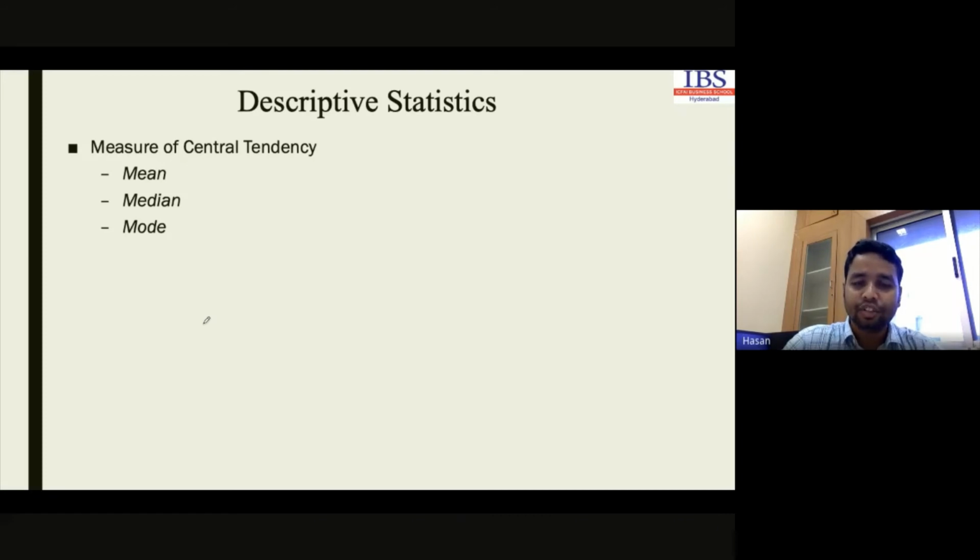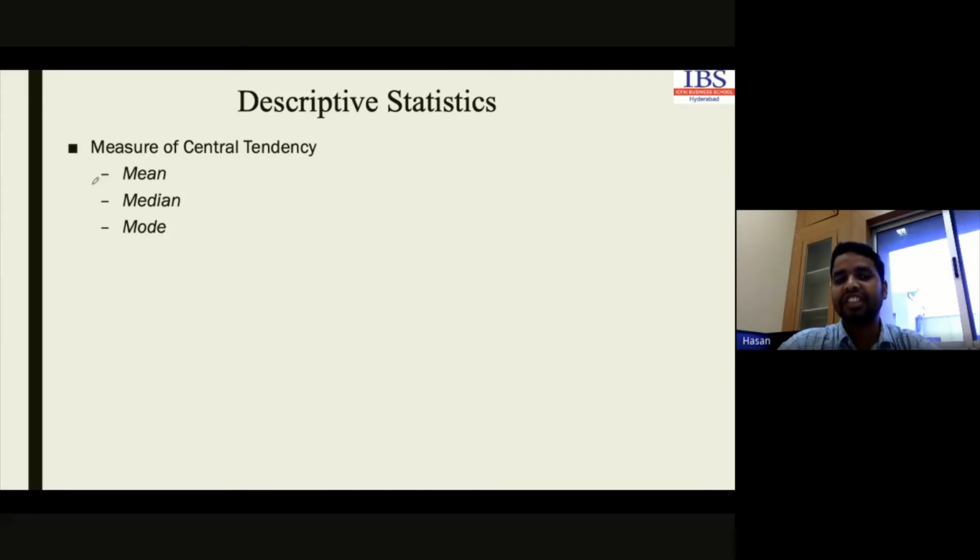We will not get meaningful information from the data representation unless we apply some statistics. So the very first one is measuring the central tendency, a single value which represents the entire data.